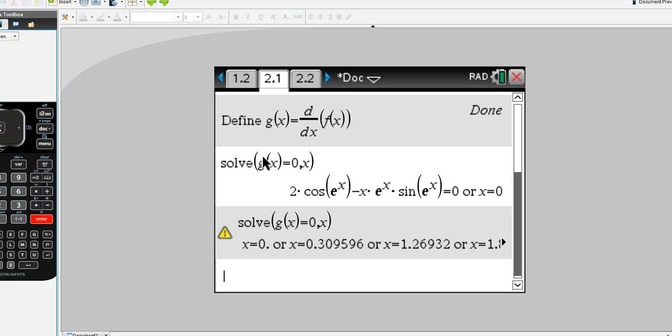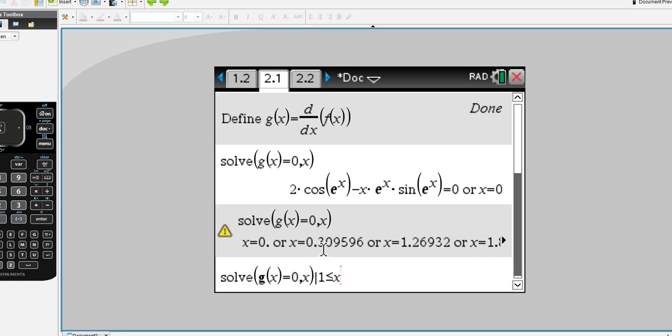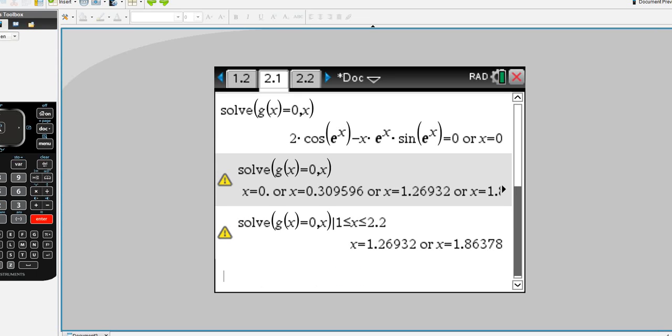And the reason why we end up with this is because we didn't define our domain, or we didn't restrict the domain. So remember that our domain is x between 1 and 2.2. So pressing Control Enter, this gives us two x values for the two stationary points that we were expecting.